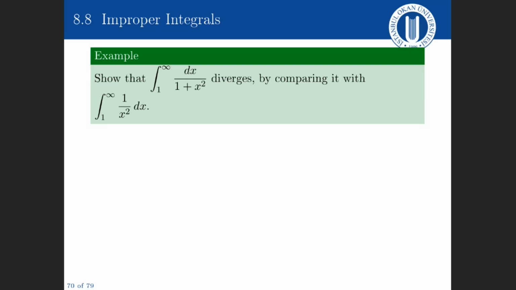Show that the integral between 1 and infinity, dx over 1 plus x squared, diverges by comparing it to the integral of 1 over x squared. There's a mistake here. There must be a mistake.